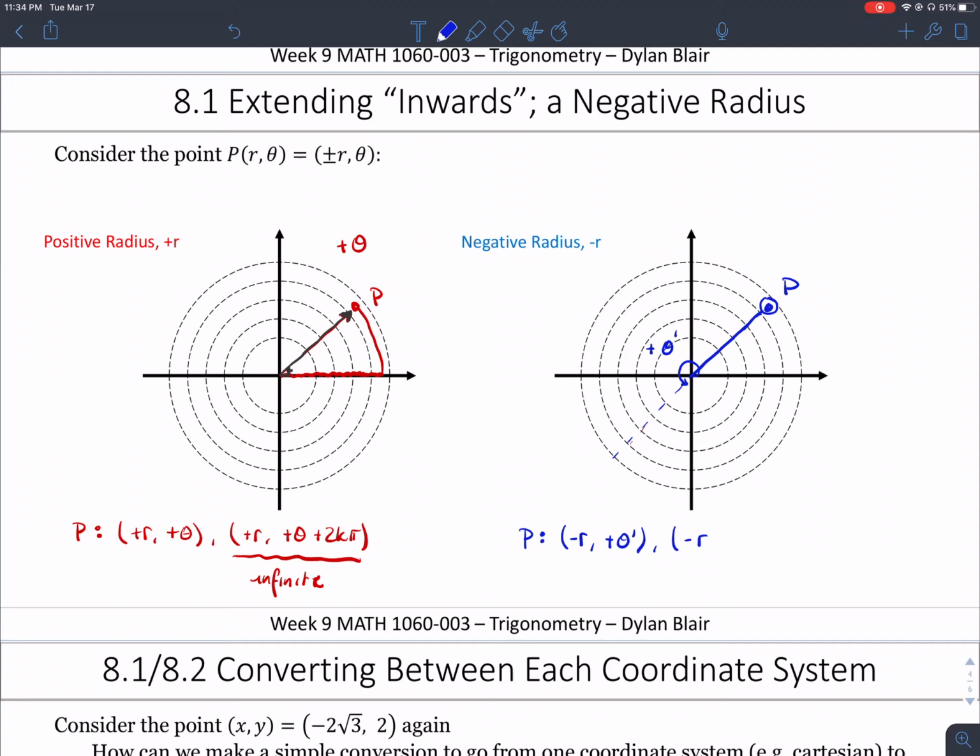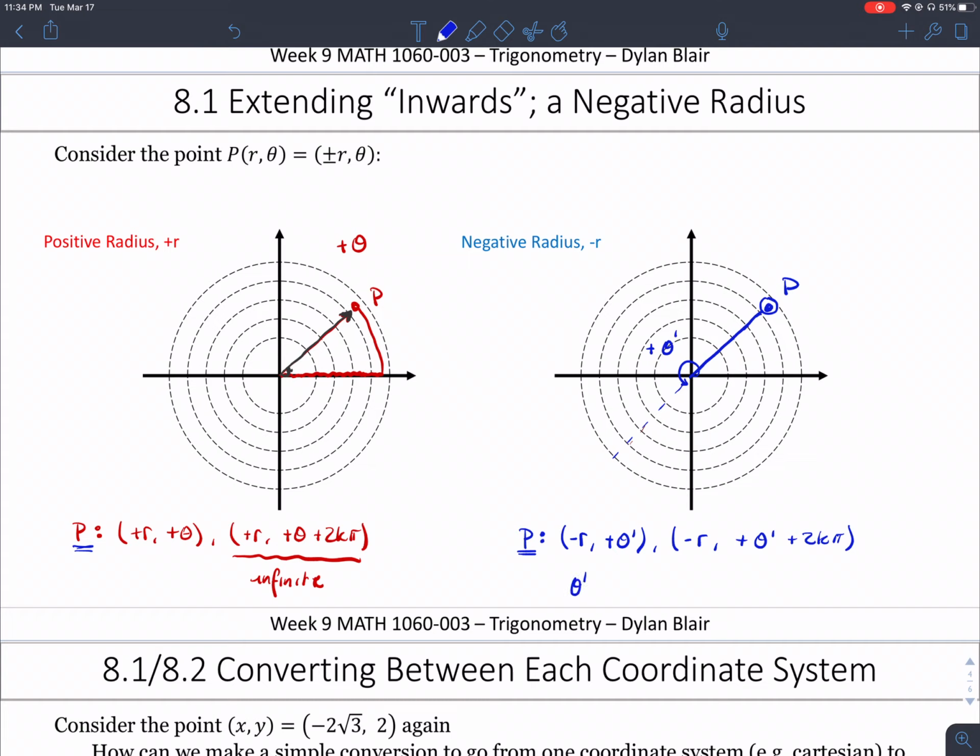And we can also extend out negatively and rotate some theta prime plus 2k pi, so some multiple of 2 pi, whether it's positive or negative. And we get another infinite set of solutions. And note that this is equivalent to this. They're both the exact same. We get that exact same point P.